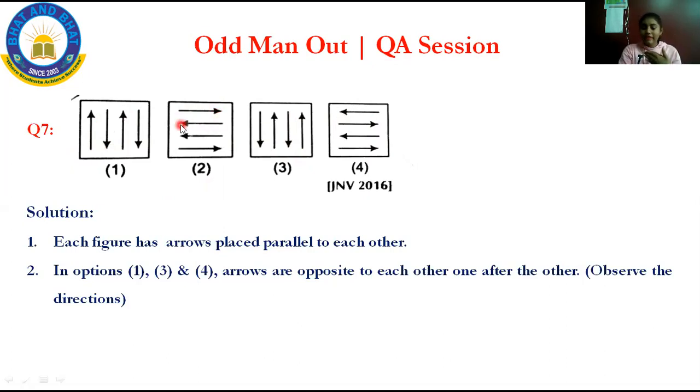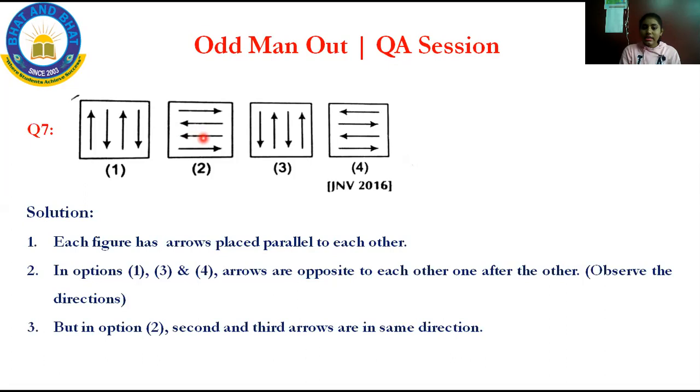Can you see the difference? The two are in the same direction, while in the others they are in the opposite direction. In figure 2, arrow 2 and 3 are in the same direction.